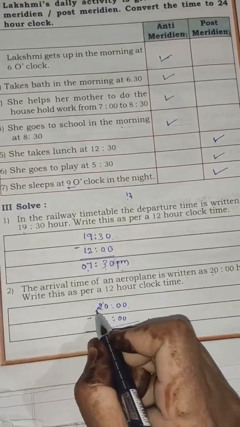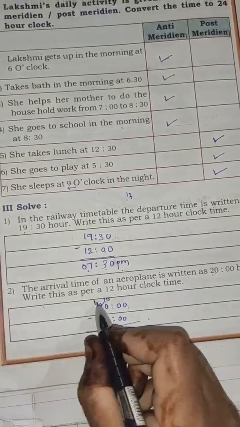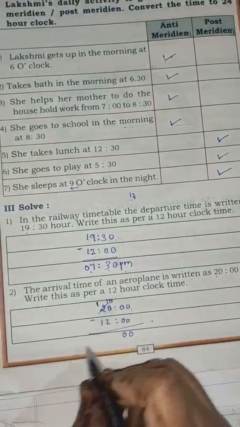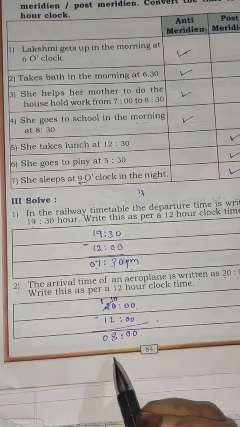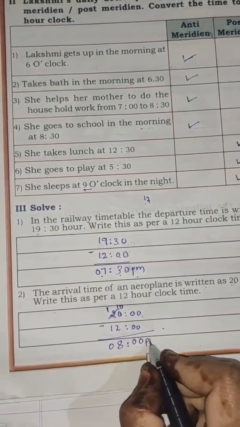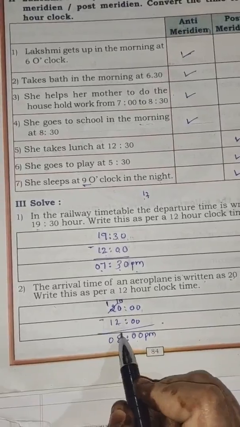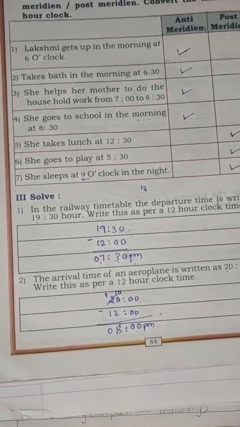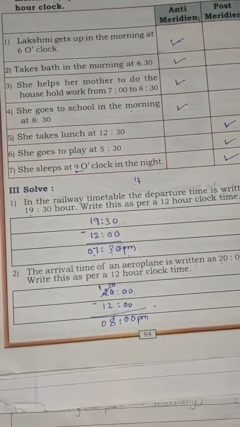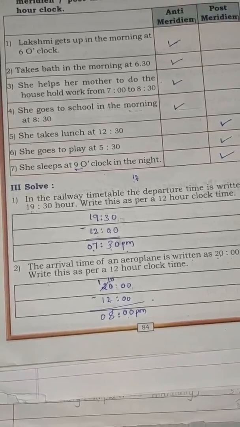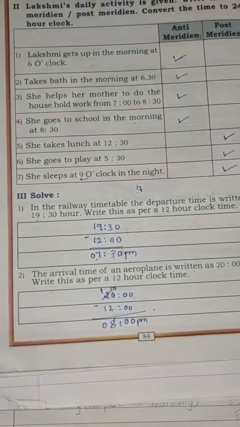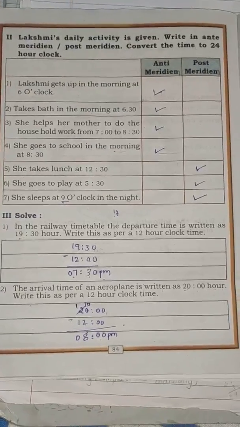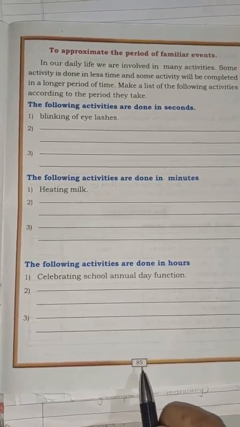No. So, you borrow 1 from the next place. This will become 1 and this will become 10. So, 10 minus 2 is 8. 1 minus 1 is 0. So, what's the time here? 8 PM. We are converting into 12-hour clock, so it is PM. So, the arrival time as per 12-hour clock is 8 PM. Okay. Understood children? Now come to page number 85.